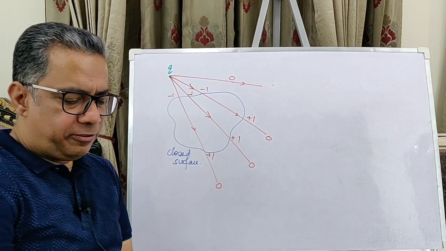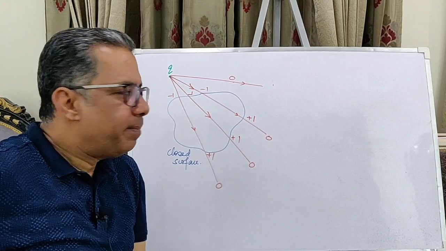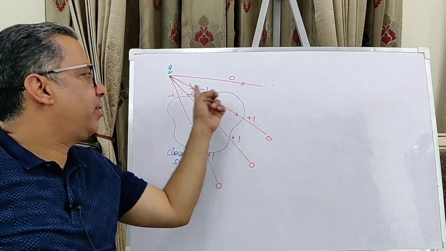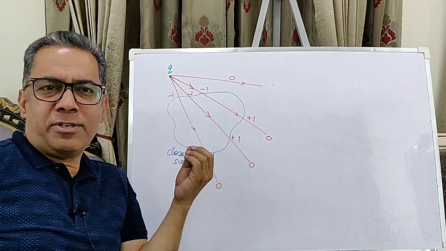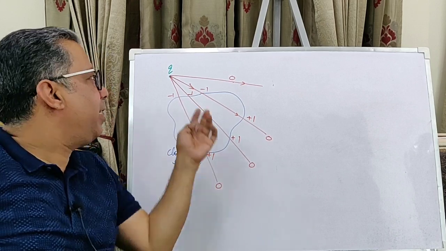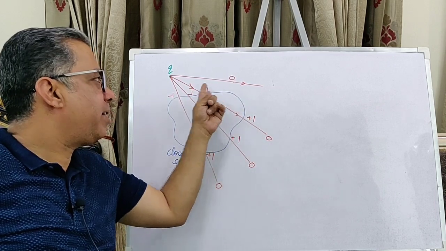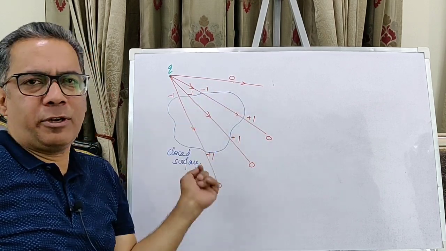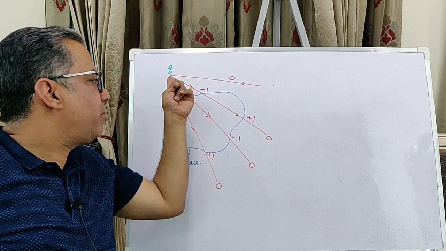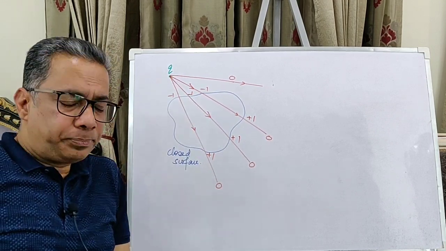So what we have seen is that if we have a charged particle outside a closed surface, its contribution to flux would be 0. Irrespective of where the charged particle is kept, irrespective of the shape and size of the closed surface, its contribution to flux through this surface would have to be 0.